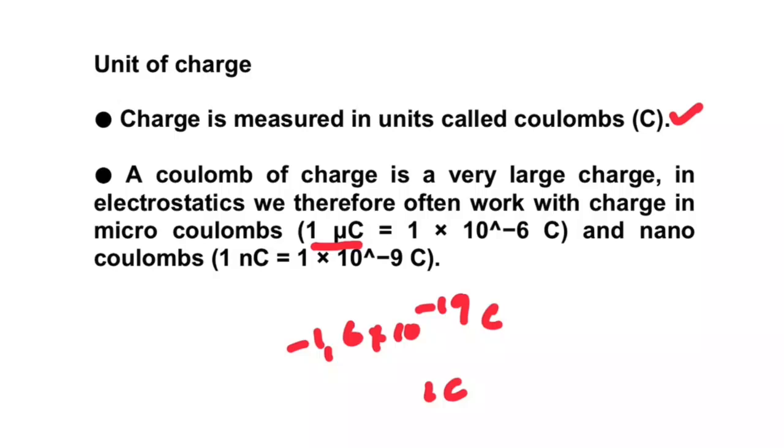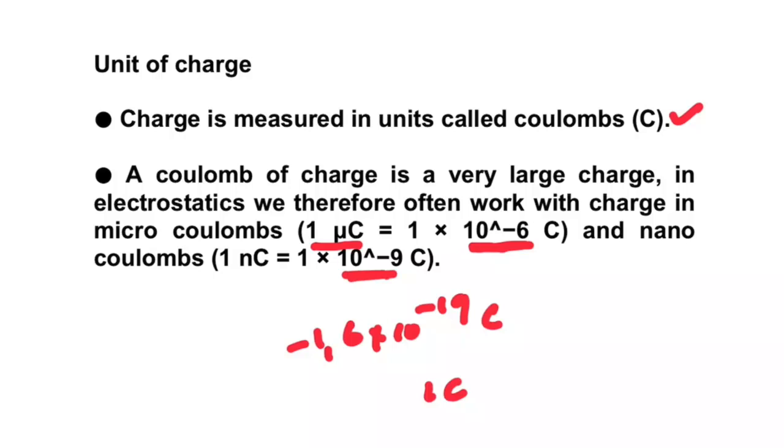So 1 microcoulomb is equal to 1 times 10 to the minus 6. And then 1 nanocoulomb is equal to 1 times 10 to the minus 9. So as soon as you see micro, just know that it is times 10 to the minus 6. And as soon as you see nano, just know that it is times 10 to the minus 9.